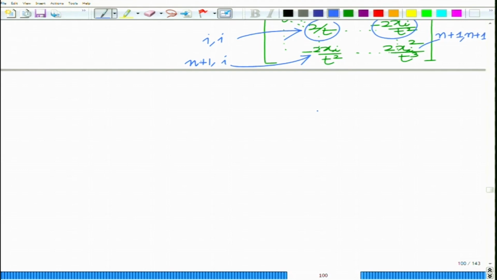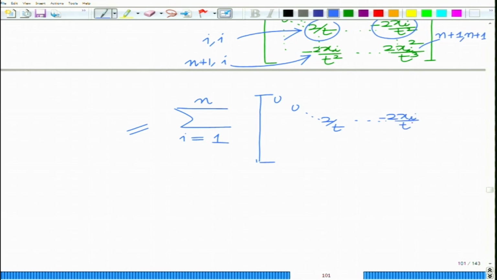And now I can write this as the summation over I equals 1 to n of such matrices, with minus 2 xi over t square, minus 2 xi over t square and 2 xi square over t cube.